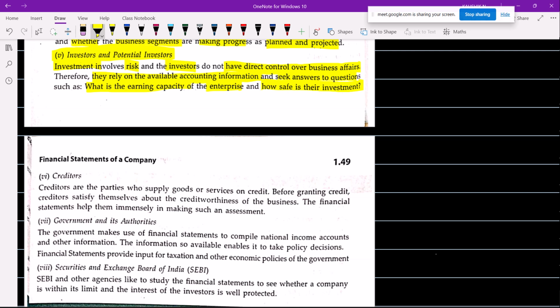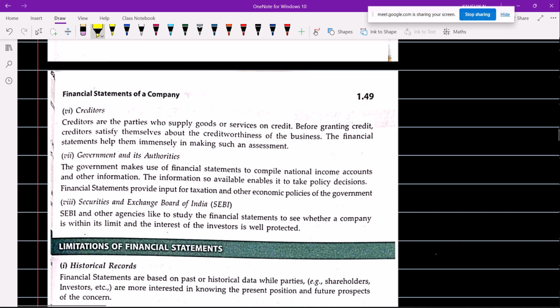So before you enter into a contract or make any investments, please read your terms and conditions twice or thrice before the investment happens. That's why investors or potential investors have the right to question the safety of their money and also the earning capacity of an enterprise.